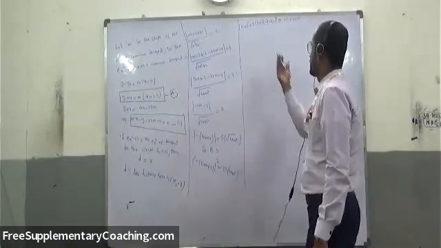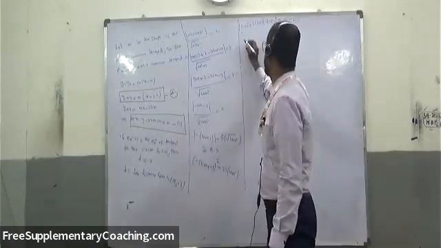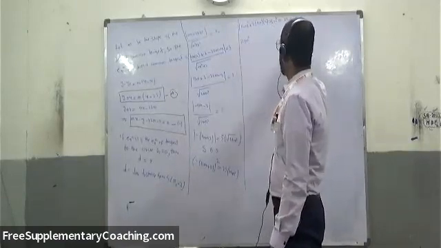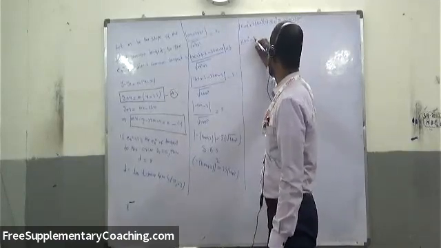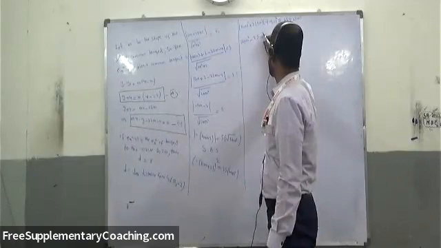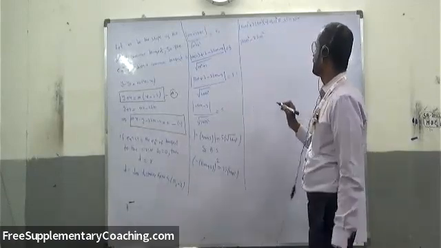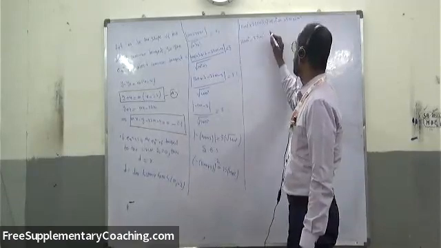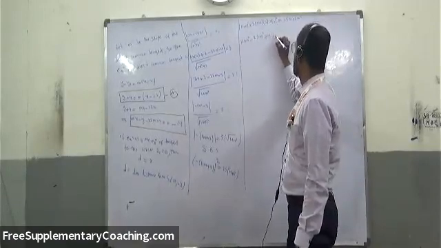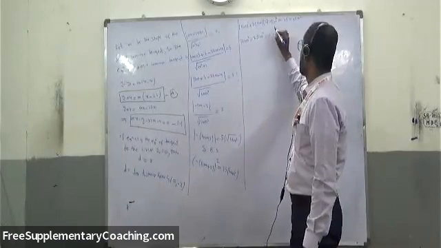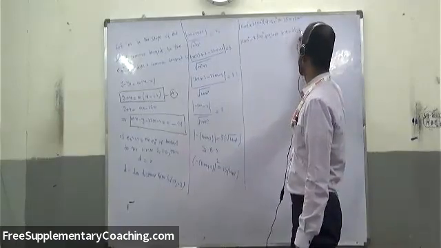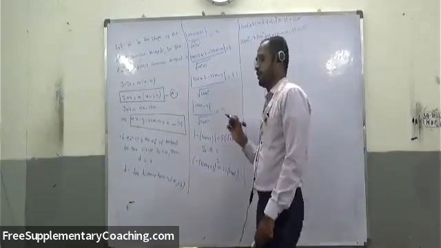Now, simplifying it, 11 square is 121 m square. Bring this 25 m square to LHS, it will become minus 25 m square. Plus 2 into 11 is 22, 22 into 2 is 44m. Plus 2 square is 4. 25 comes here, it will become minus 25, is equal to 0.